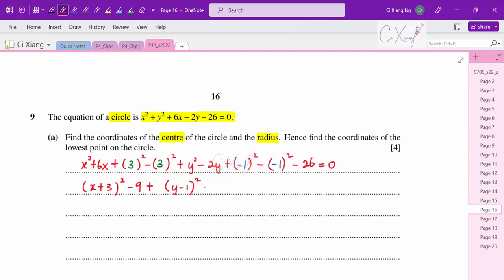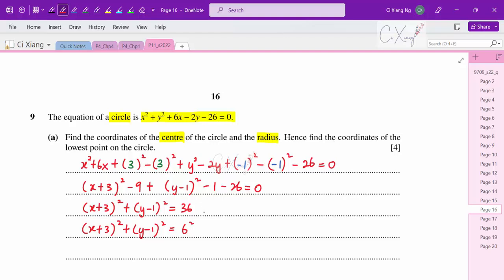Then negative 1 squared, I still have negative 1, and then negative 26 equals 0. So from here, if I bring all the constants to the other side, I have 36. And if I further simplify it, this is what I get: x plus 3 squared plus y minus 1 squared equals 6 squared.